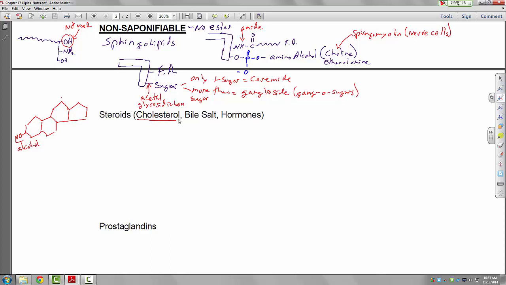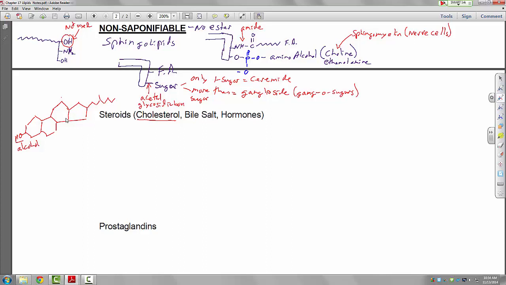Cholesterols, they're alcohol, they end in OL. And there's another alkyl chain that comes off here. You don't worry about the nature of that. But this is the only compound that we talked about that looks anything close to this.